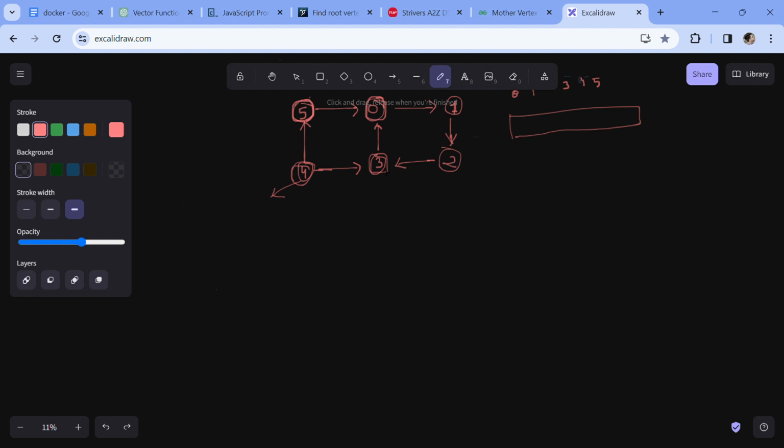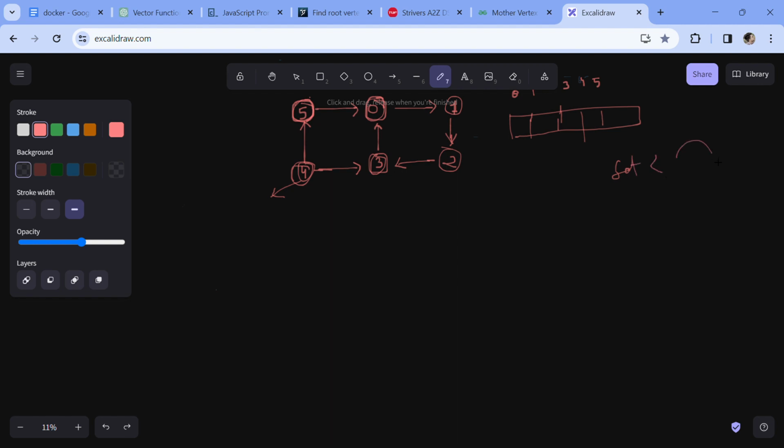One simple approach coming into my mind is that we do not need any duplicate nodes, so we can make use of a set. A set is a data structure in C++.